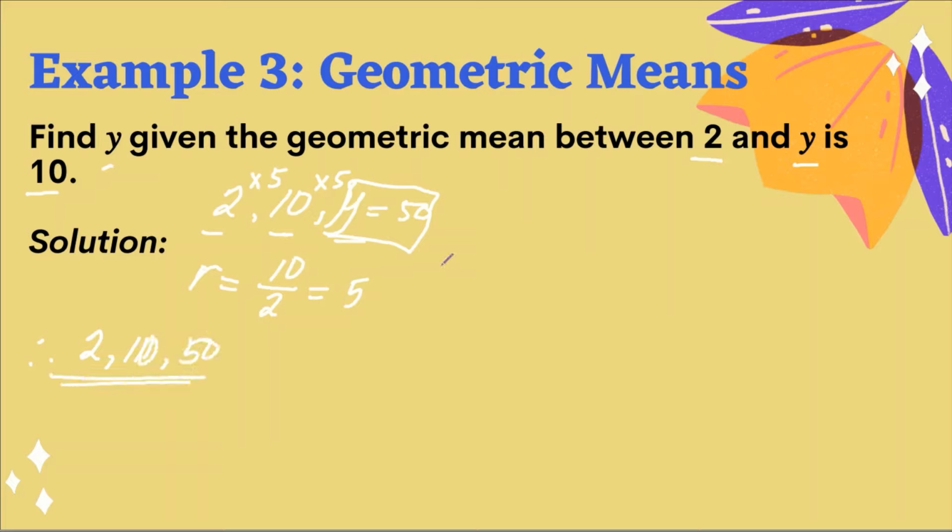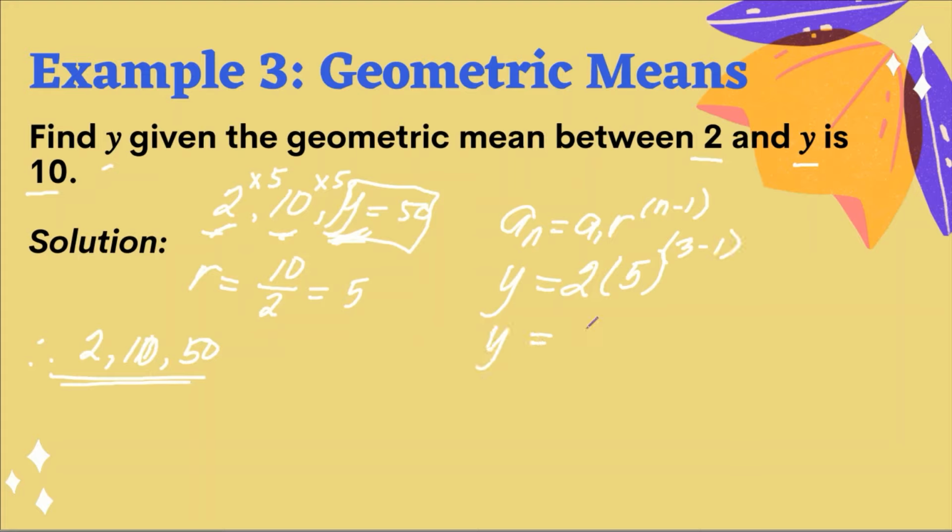Or if you want to use the formula, a sub n is equal to a sub 1 r to the power of n minus 1. We know that our last term is y, so that is our a sub n, and our a sub 1 is 2, and our r is 5, and our n is 3 because this is 1, 2, 3, so y is the third number, so 3 minus 1.